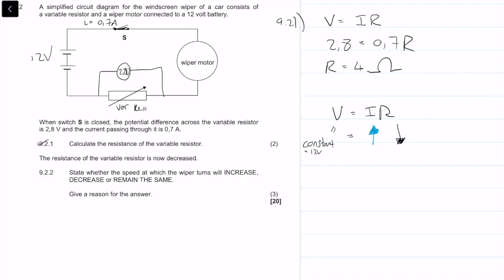So to answer question 9.2.2, state whether the wiper turns will increase. Yes, it will increase.